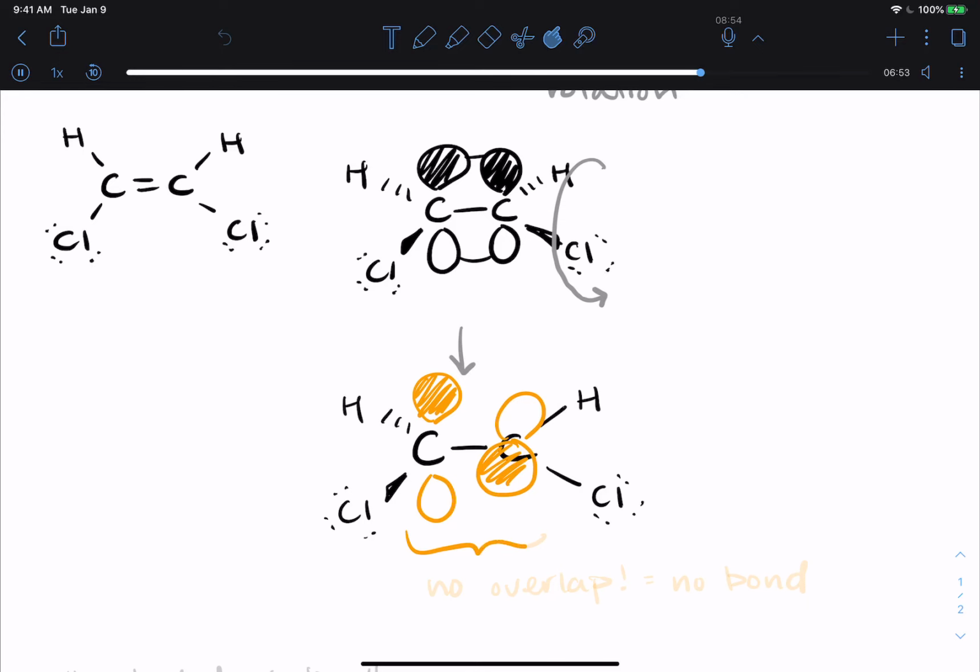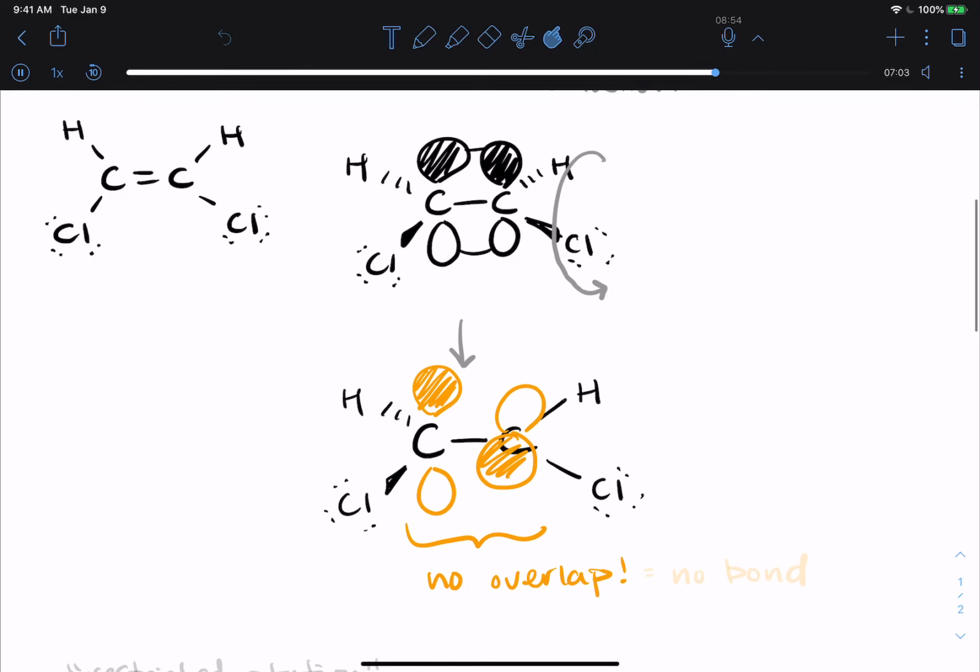So there's no overlap here. So there's no pi bond. So you can't rotate in a pi bond without breaking the pi bond. So no overlap equals no bond.